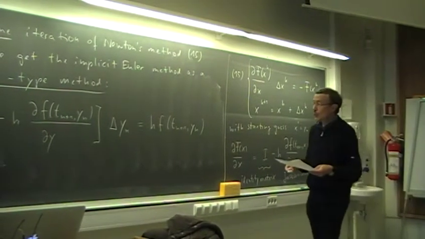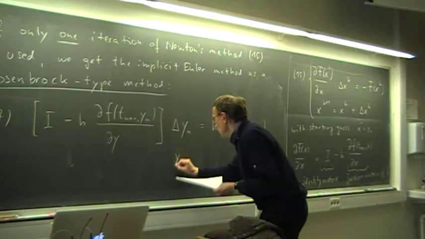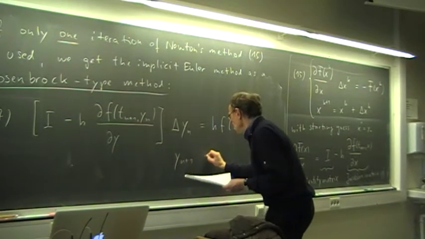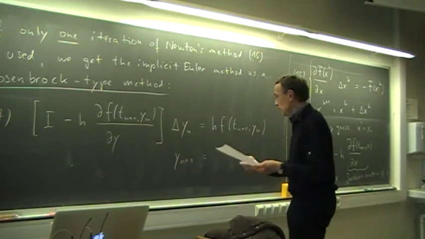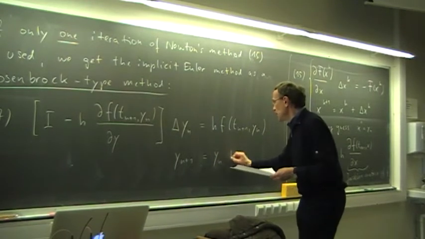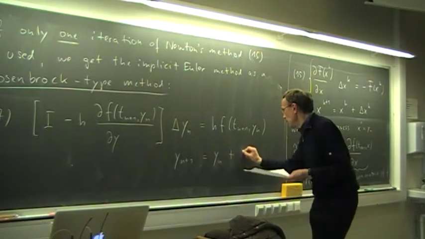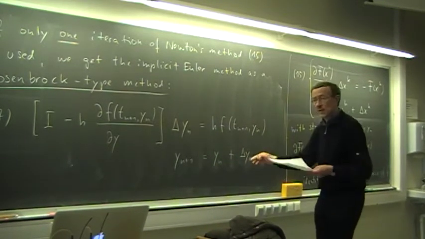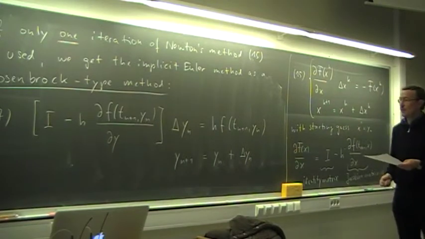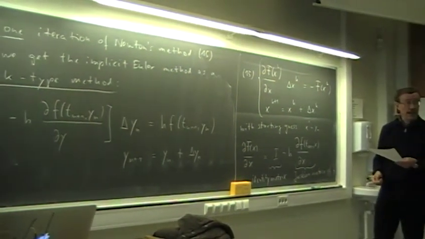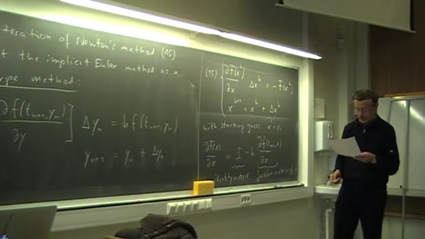And then we would compute the solution at the new time level that we want by the one at the old time level plus this change. So that changes the solution from time level n to n plus 1.